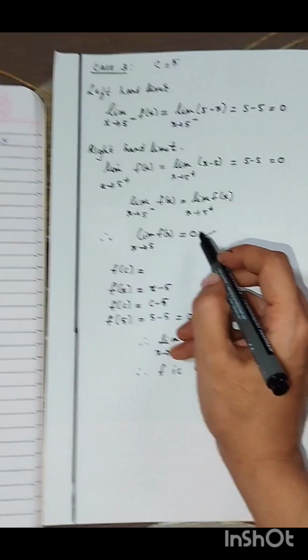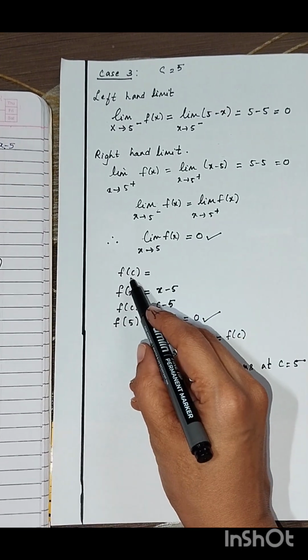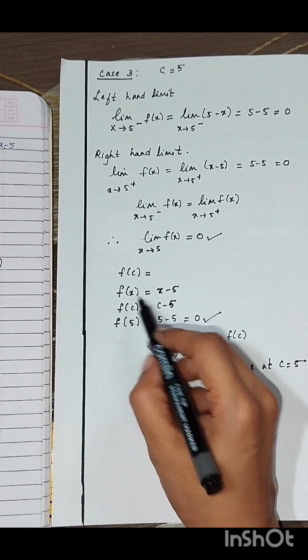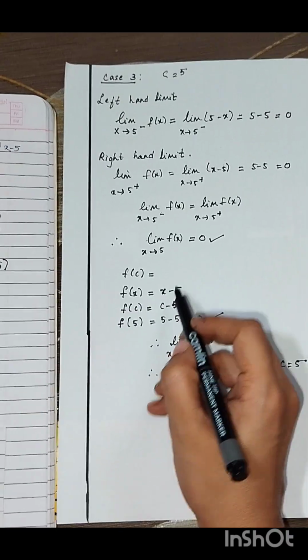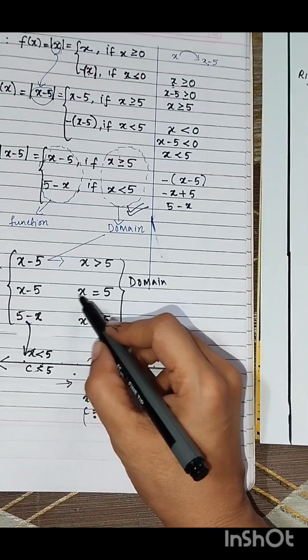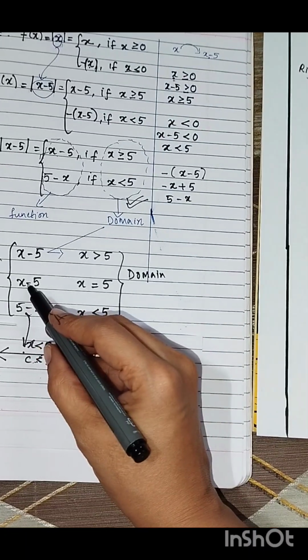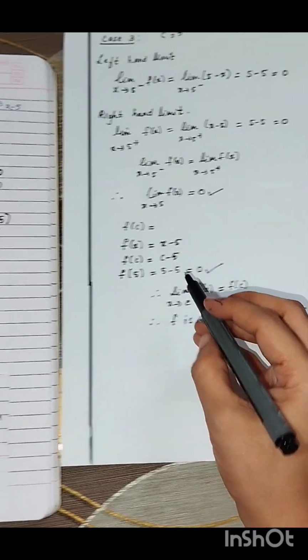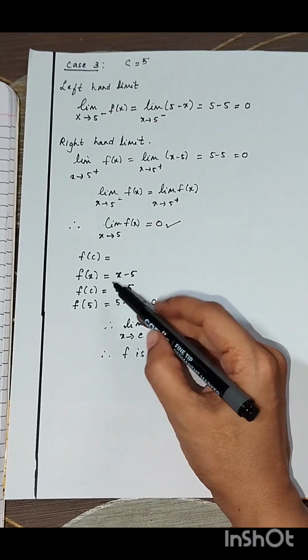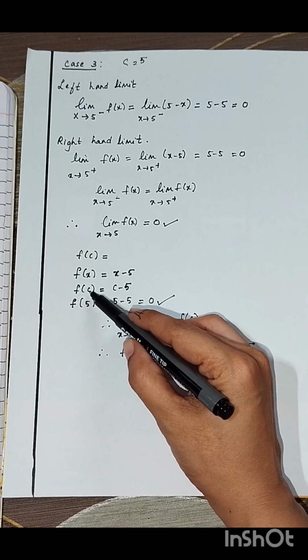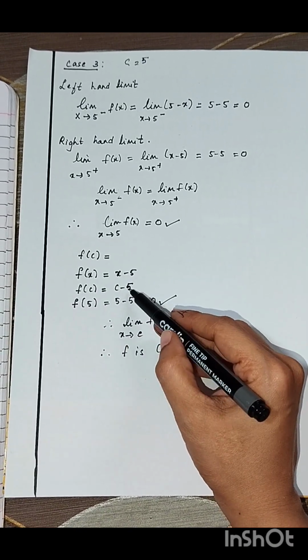Now we have to check the RHS part, that is f of c. At c equal to 5, the function has been defined as x minus 5. In the place of x, if we substitute c, it is going to be c minus 5.